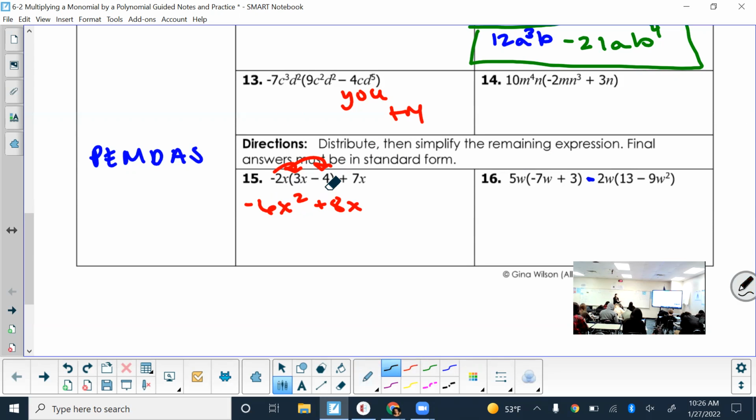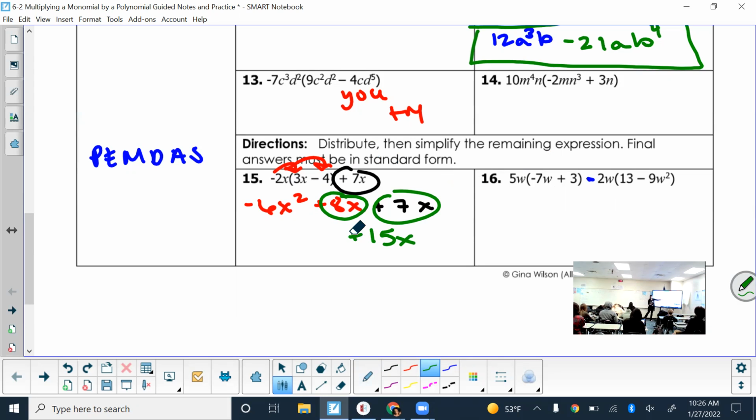All right. Then bring down whatever remains. So this plus 7x, just rewrite it down here. And then look at what remains. Are there any like terms that I need to combine? So I have 8x and 7x that can combine. What do they combine into? 15x. And don't get all the rules confused.